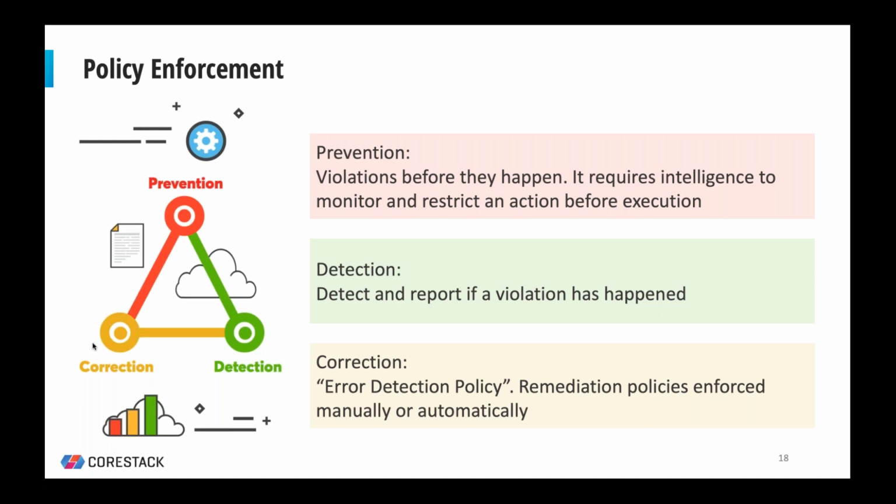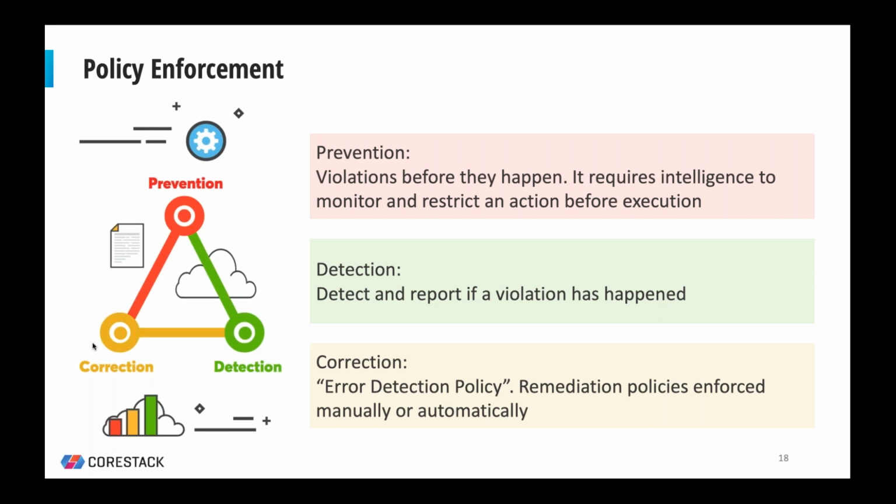Or an S3 bucket in production is public. Let's not automate the process of making that private, because that could cut off our end customers from getting access to that environment. But for some things like encryption, if you have regulatory compliance, if you are in the healthcare industry or online retail for PCI, you need to make sure that all your personally identifiable information is encrypted at rest and in transit.